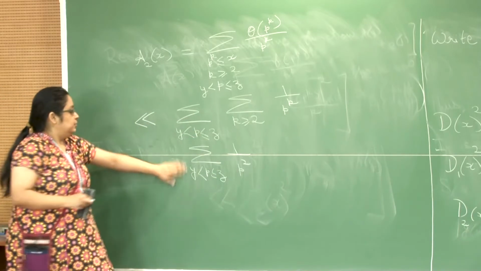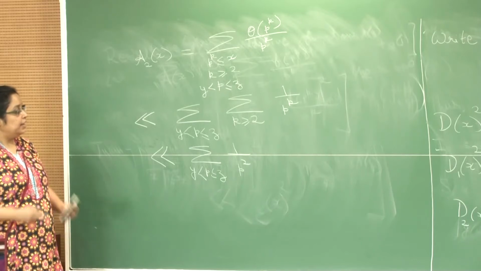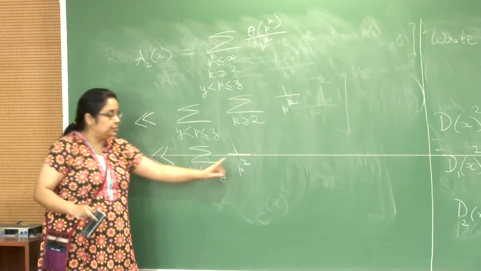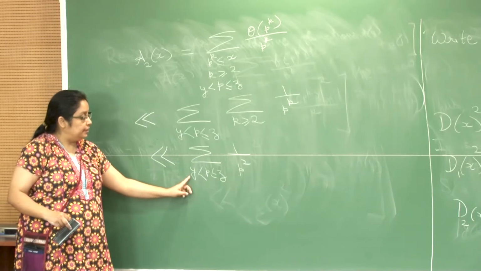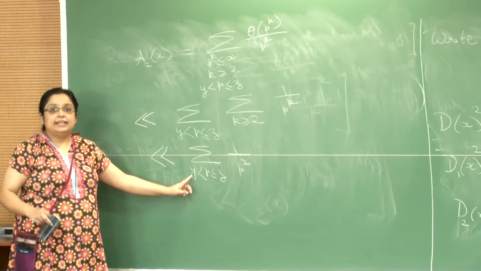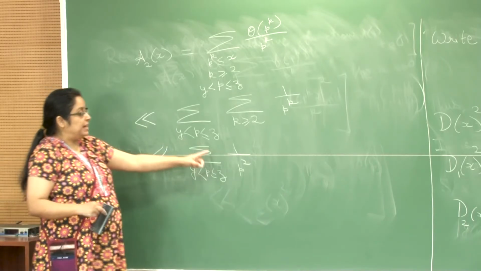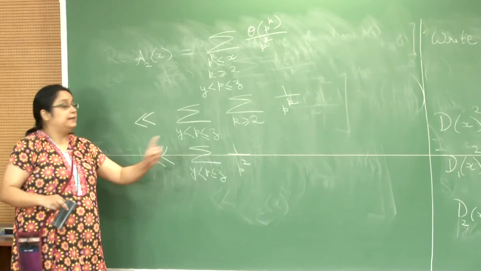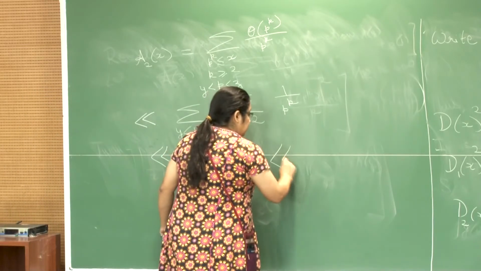So, though this is not equal to, this is less than, and this is certainly less than 1 over n square, as n runs over all the numbers which are at least y, and therefore, by the integral test you see that this is bounded above by the integral of 1 over t square dt, where t is strictly greater than y, and that is of the form O of 1 by y.